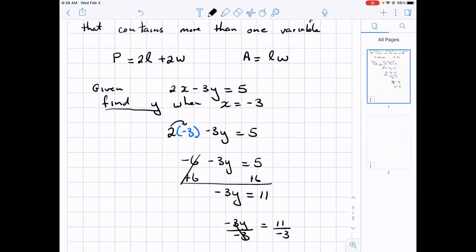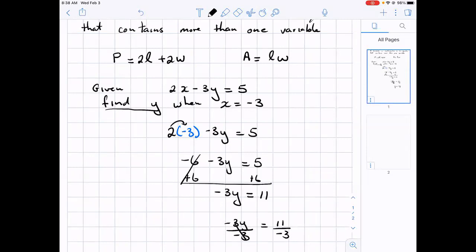Now, specifically what I would like to talk about for this section is when you have a formula, and then we'll look at some examples to see how this works, okay? So, for example, if you were given a formula of some sort, right? It doesn't have to be a formula that you are aware of.